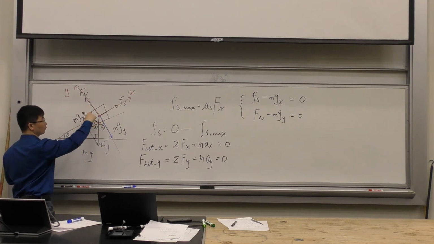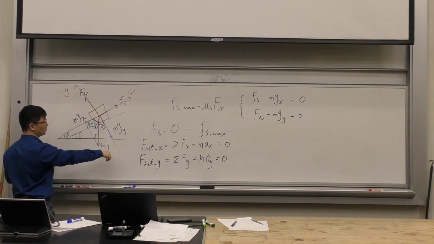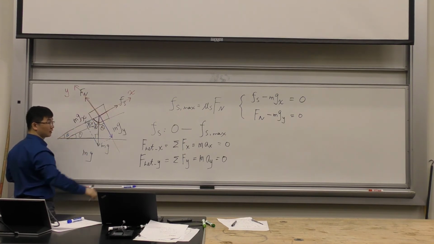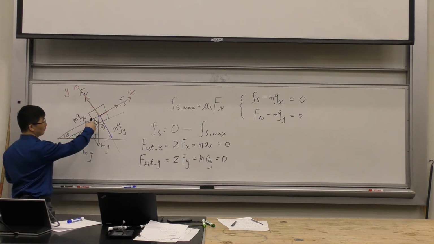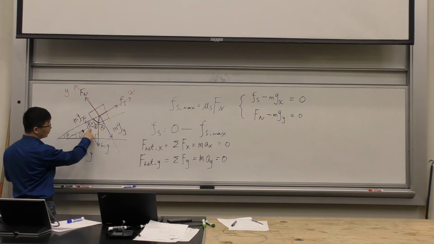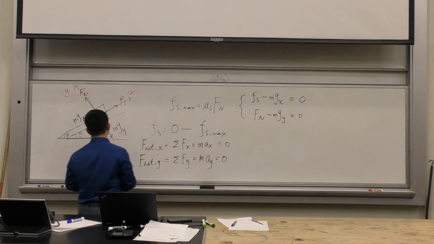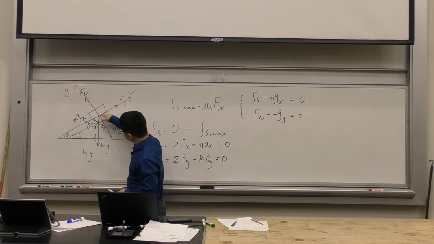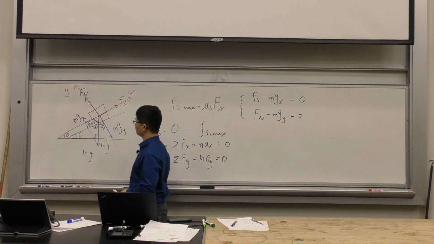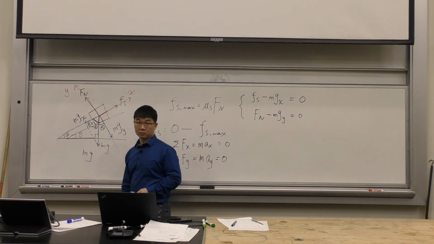This big angle made by these two axes must be 90. If you tell me this is 90 minus theta, this angle must be theta, right? So you see that the angle between the mg and the y component of this mg is going to be theta angle, okay?